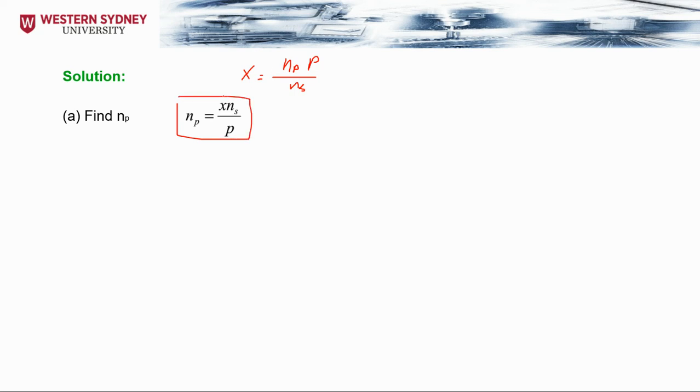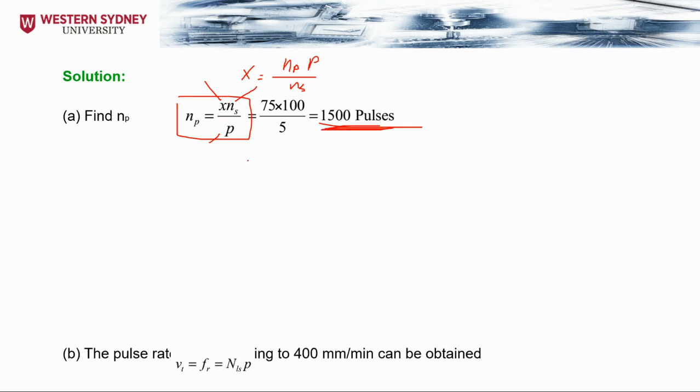Now here x is known, Ns is given, and the pitch value is given: 5 millimeters per revolution. x is 75 millimeters, and Ns is equal to 100 pulses per revolution. So we can substitute these values, and we're going to find 75 times 100 divided by 5 is equal to 1,500 pulses required to move for the distance of 75 millimeters.